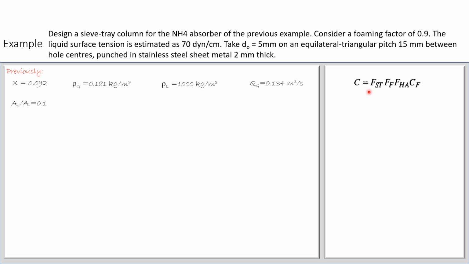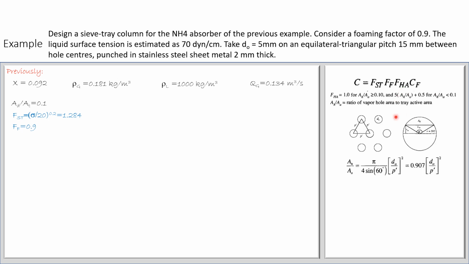Next, we need to calculate capital C. So we need to determine FST, which is the surface tension. We just need to substitute sigma with 70 dyne per centimeter, and FST will be 1.284. Next, we need to determine FF, the foaming factor, which is given in the problem statement, FF equal to 0.9.